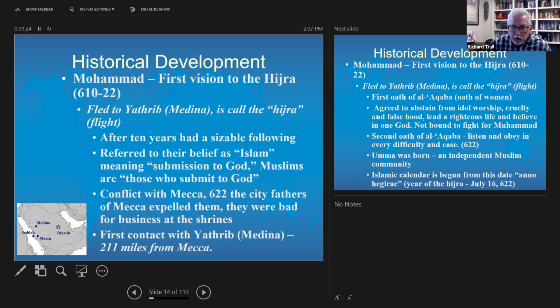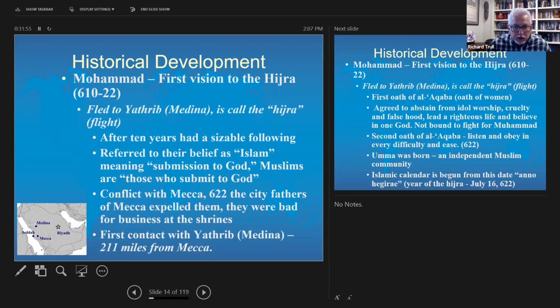He would continue in conflict with Mecca, and in 622, the city fathers of Mecca expelled the Muslims, because they were bad for business at the shrines, which you can understand why that would be. Because Mecca was the center of a lot of commerce, and between Medina and Mecca, they'd be in Mecca a lot.